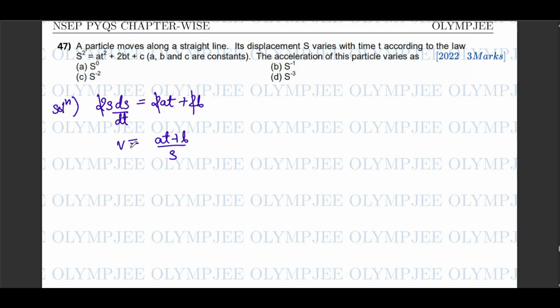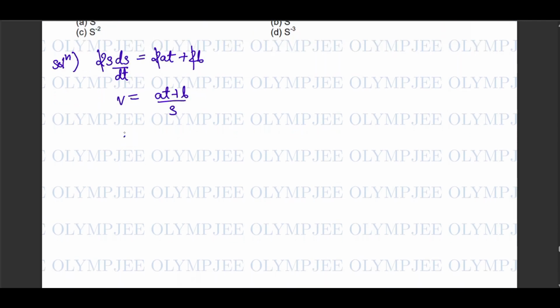We need to find acceleration, so we will differentiate this one more time. Now while differentiating this we need to be careful. It will become a by s, and now I'm differentiating s, so this will become minus 1 by s square times (at plus b), and don't forget the ds by dt because we are differentiating in terms of t and not s.